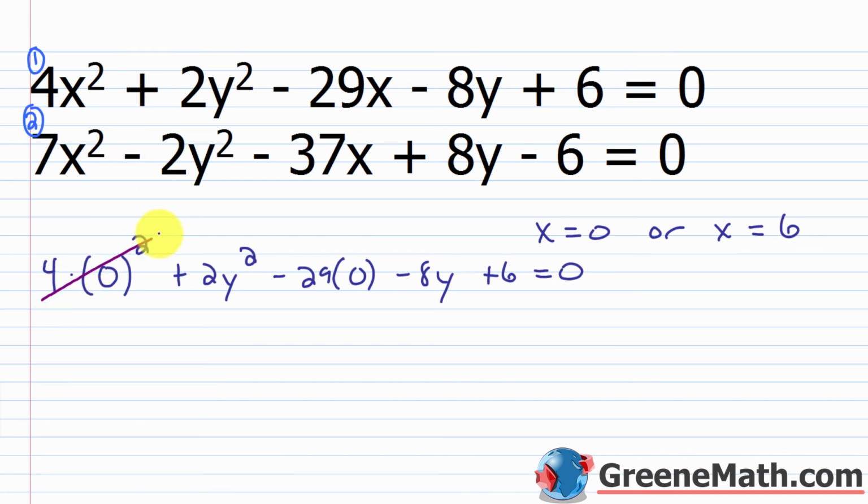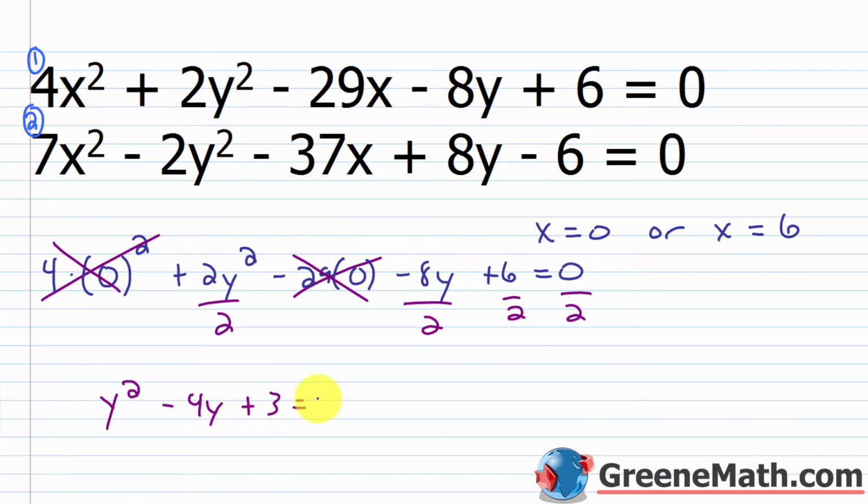So we know that this is going to go away, and this is going to go away. I'll basically have 2y squared minus 8y plus 6 equals 0. Now, I can divide each side of the equation by 2 and make that a little easier. So y squared minus 4y plus 3 equals 0.